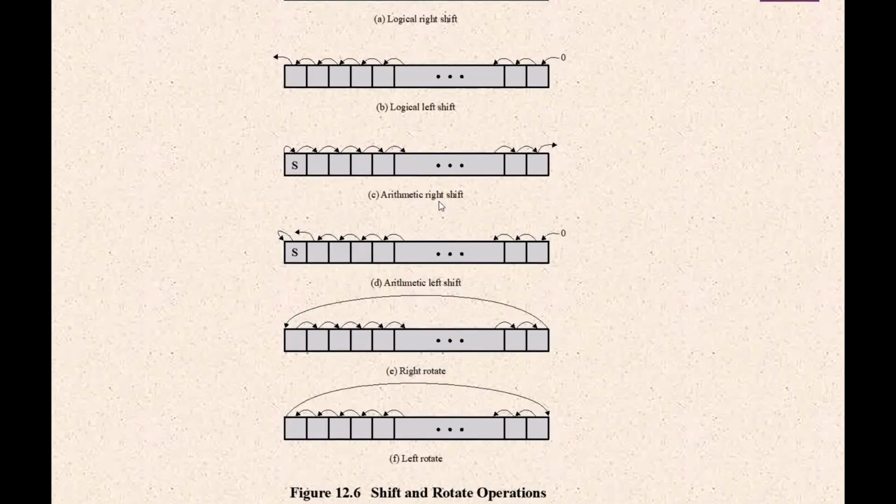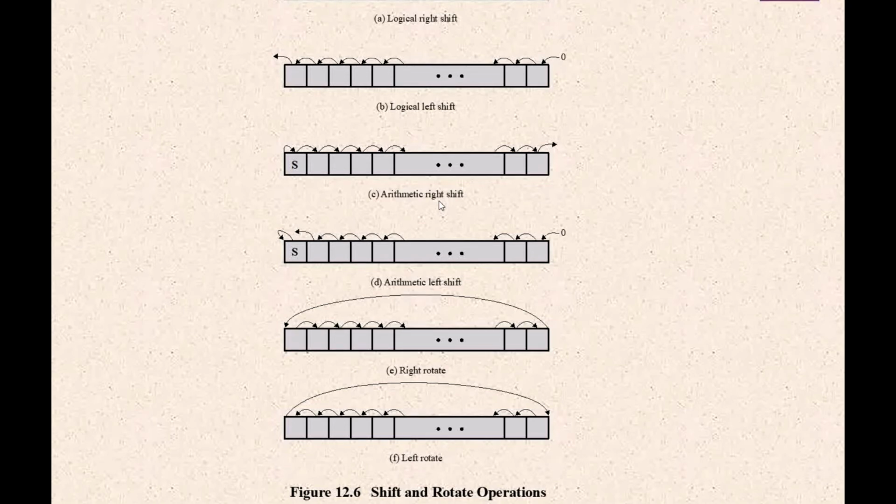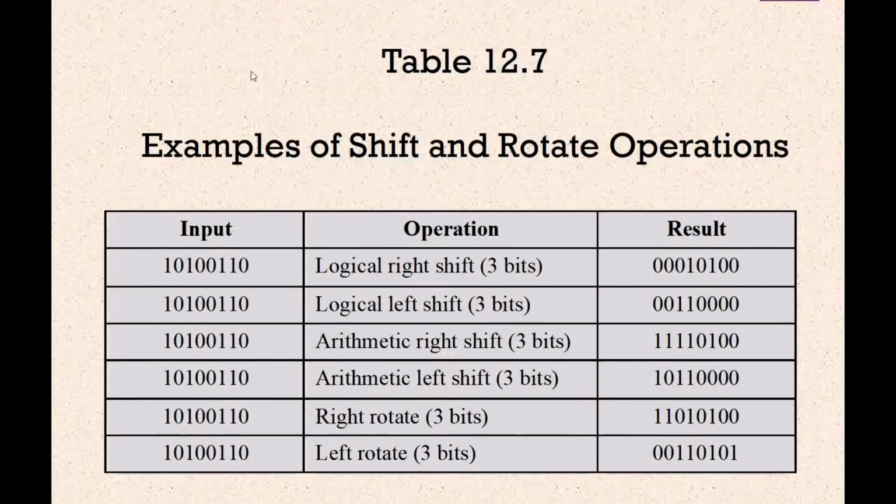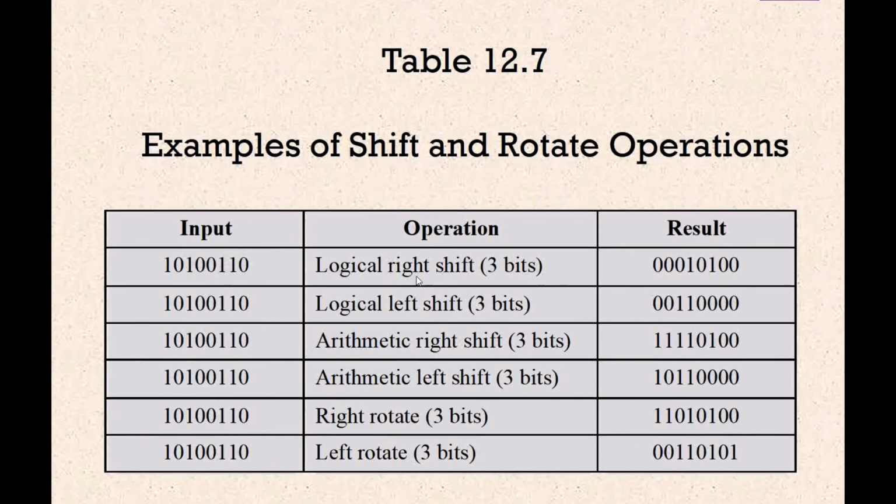Another thing is how you want to shift data: logical left shift, logical right shift, arithmetic right shift, arithmetic left shift, and data rotation, left rotation, right rotation. There are some examples showing how you can shift 3 bits. In the first example, this is the input and we want to logically right shift 3 bits.